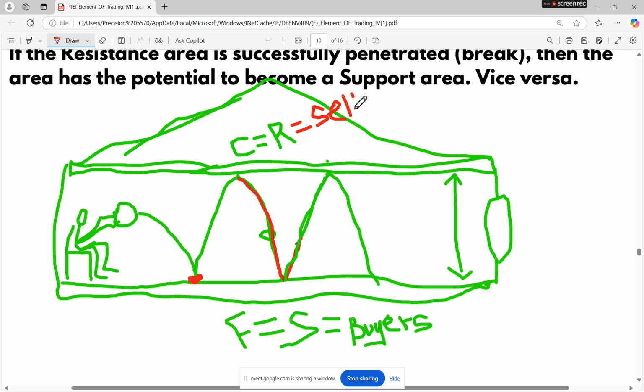Resistance is an area of sellers, and support is a zone of buyers.